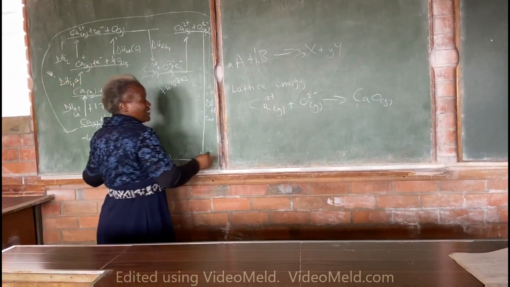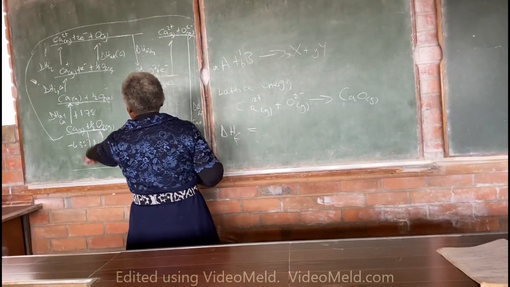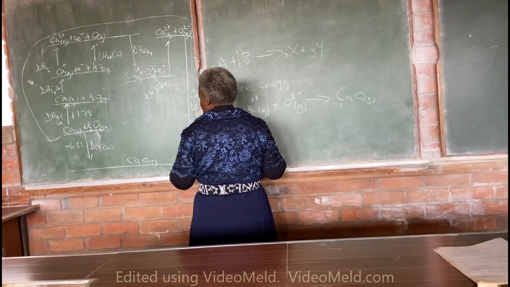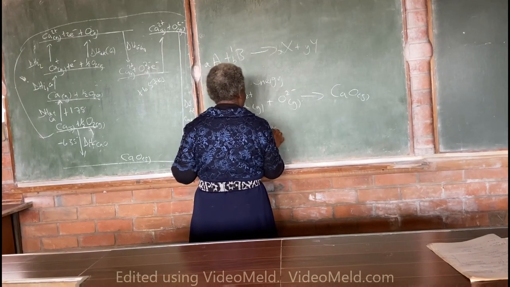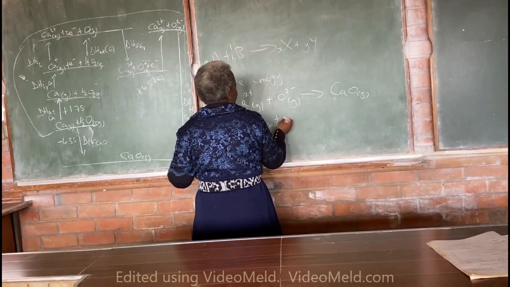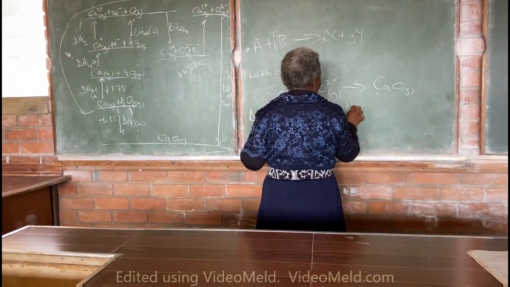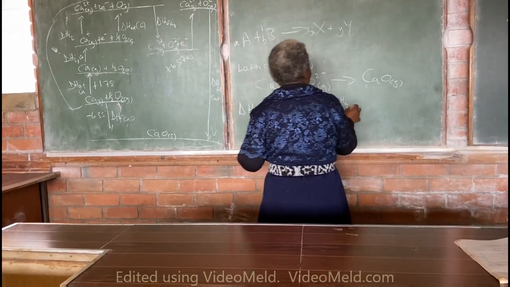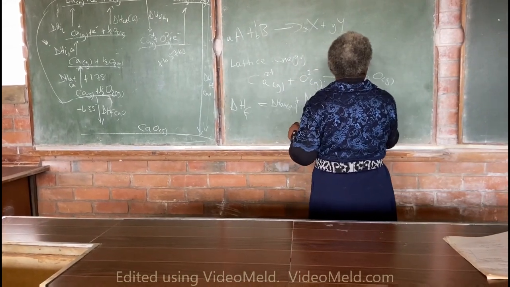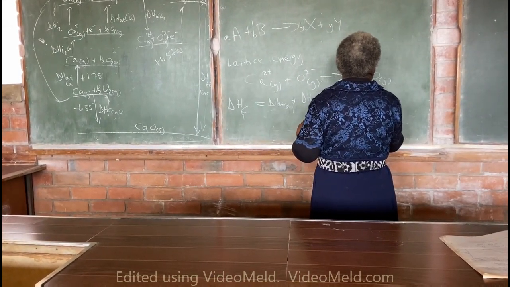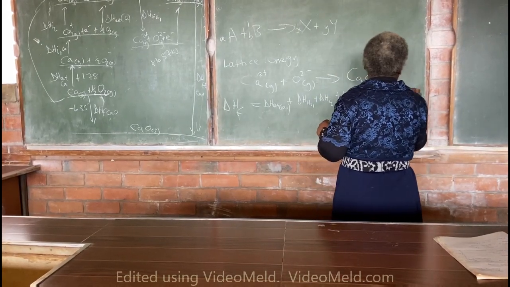So basically we are simply saying delta H formation of calcium oxide is the same as adding delta H atomization of calcium plus delta H first ionization plus delta H second ionization plus delta H atomization of oxygen plus delta H electron affinity 1 and 2 plus lattice energy.